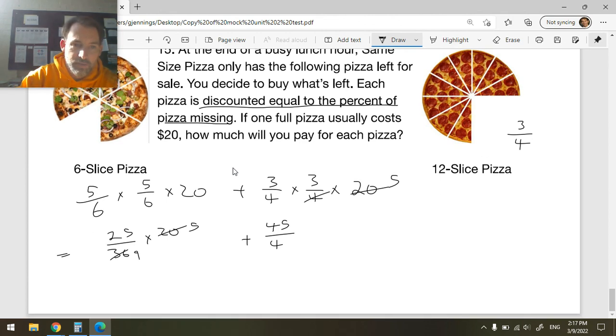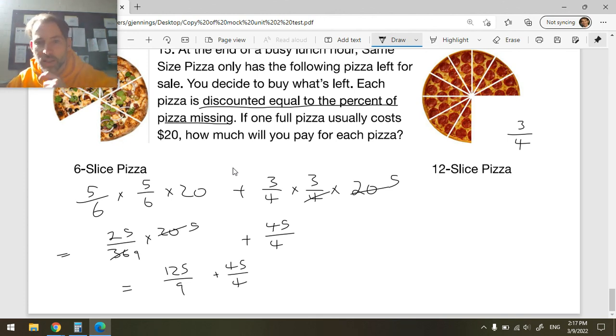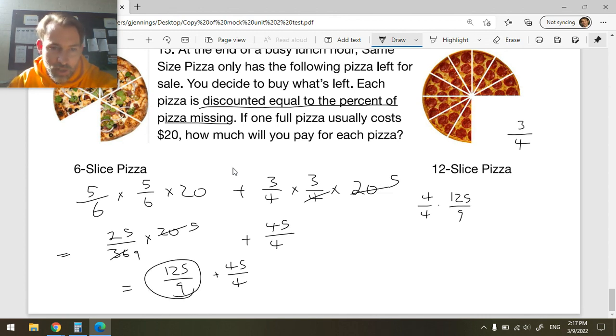125 over 9. Okay, so I'm going to get here 125 over 9 plus 45 over 4. Let's bring that over here. I'm just going to scale it up over here. So I'm going to have 4 over 4 times 125 over 9. I need to scale this fraction up by 4 to get a common denominator.